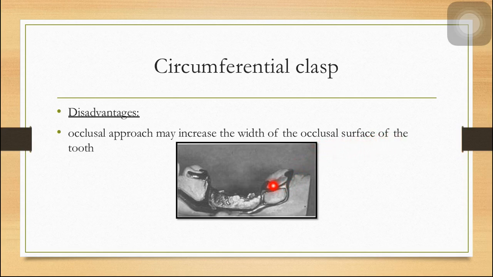Like in this case, or in this case, you can see that the occlusal surface has been increased, which leads to more transfer of forces to the abutment teeth, and can cause deleterious force transfer to the abutment teeth.